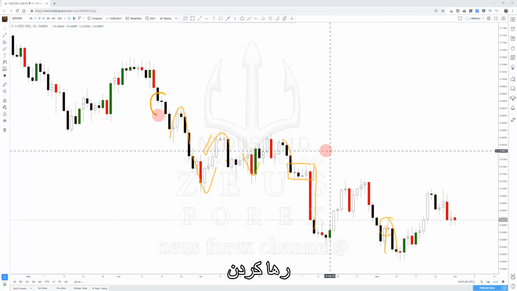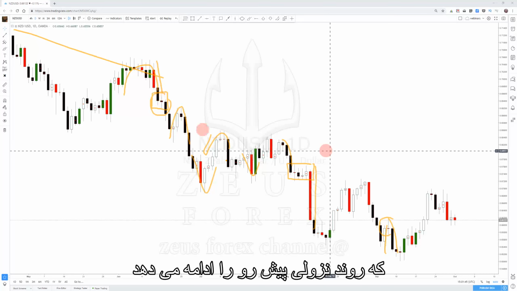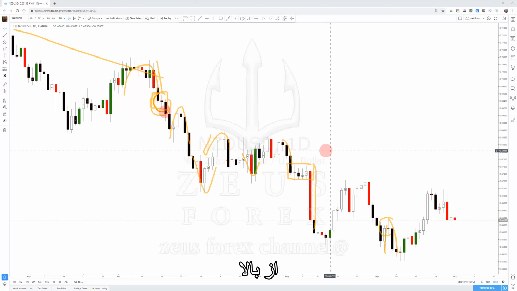But here we've got another pause. We had a strong drop in price, a rally-base-drop, and then right here we've got a basing candle, a pause, which continues the downtrend that comes from the top. This is a CP, a pause in the markets.